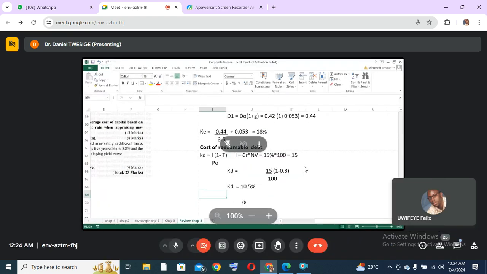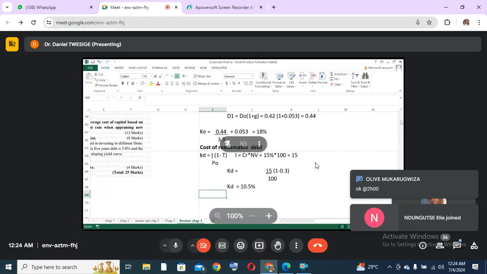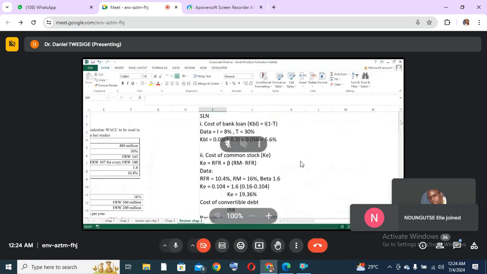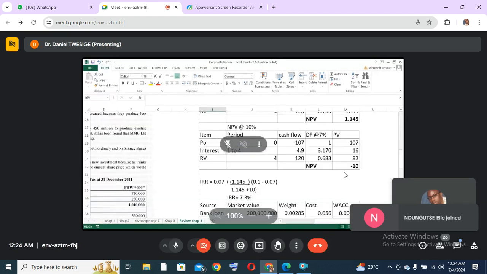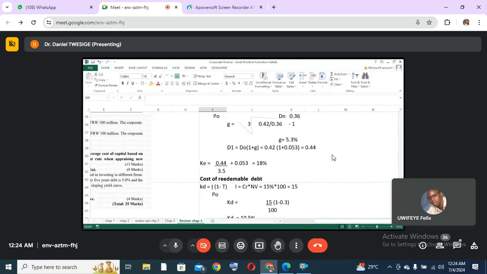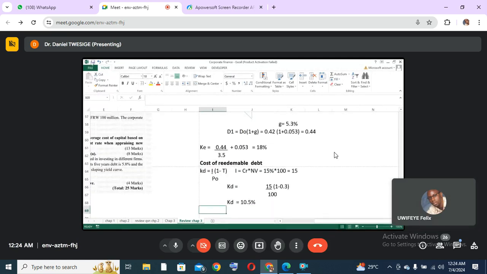So tomorrow I'm going to share it. Is it the Excel or the PDF? Because in Excel sometimes the formula moves out, but if you save as a PDF, it will remain.